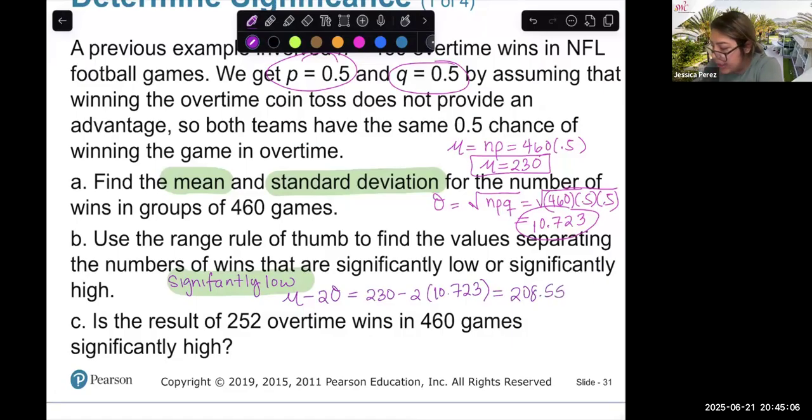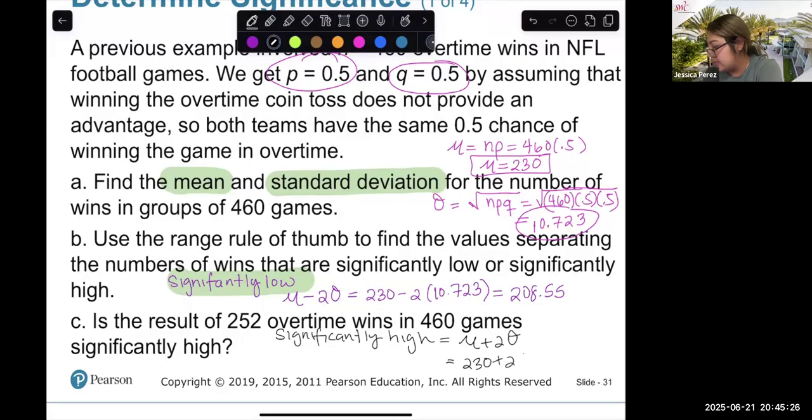And that's going to be 208.55. And then I want to know, okay, what's going to be my significantly high? It's going to be mu plus 2 times the standard deviation. So that's 230 plus 2 times 10.723.